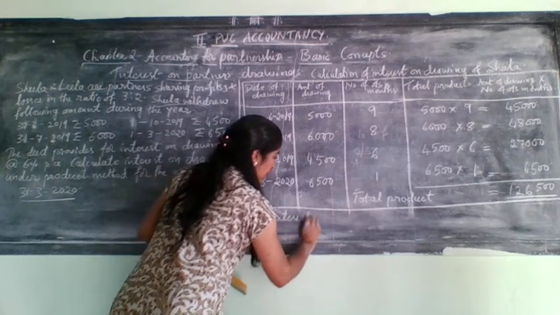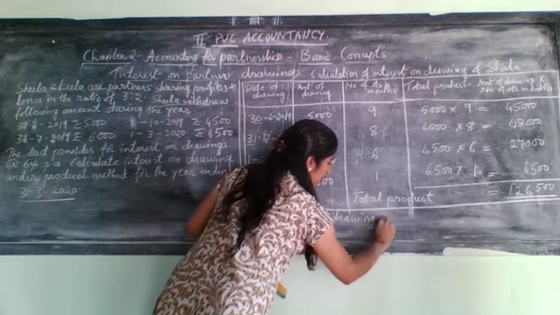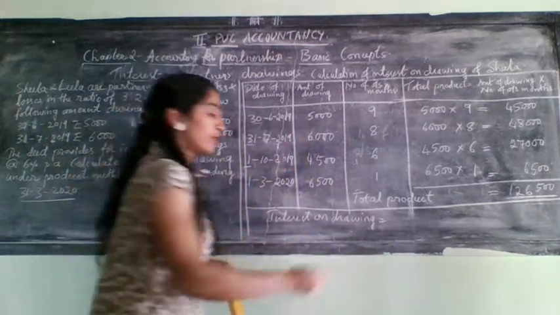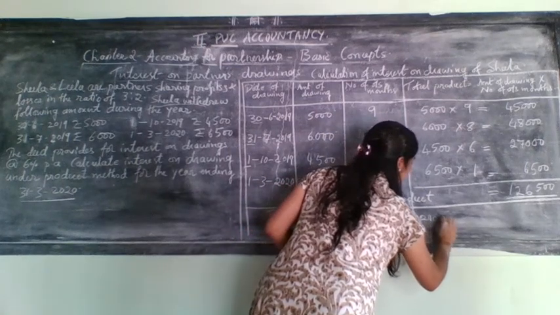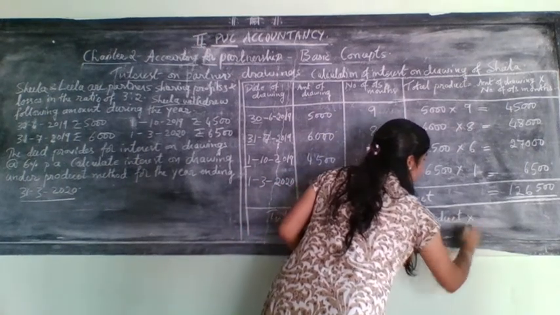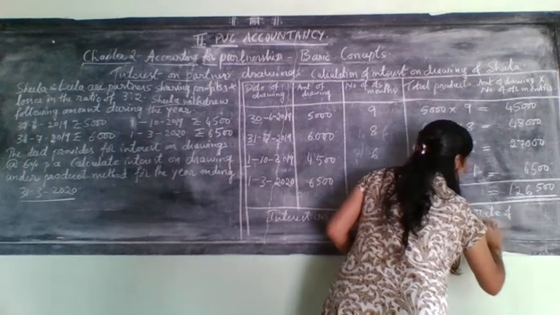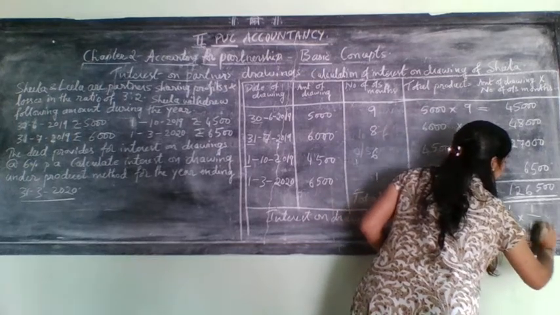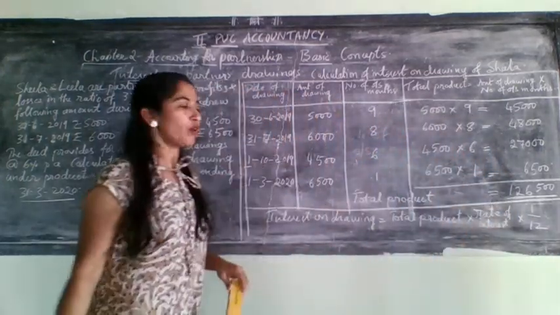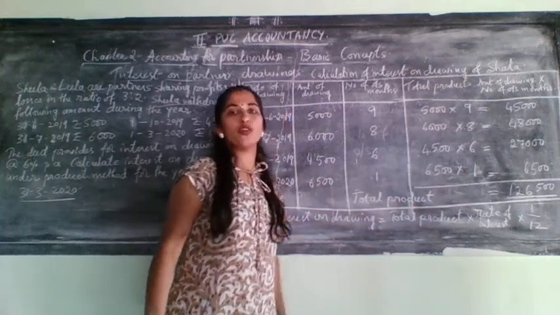Interest on drawing is equal to total product into rate of interest into 1 by 12. What is the formula? Total product into rate of interest into 1 by 12.